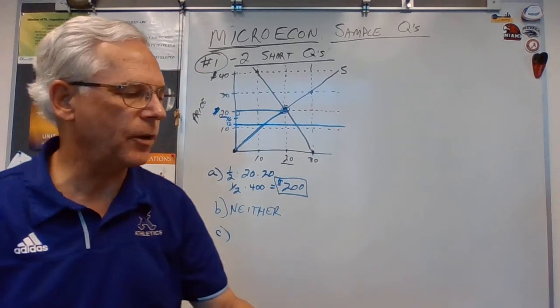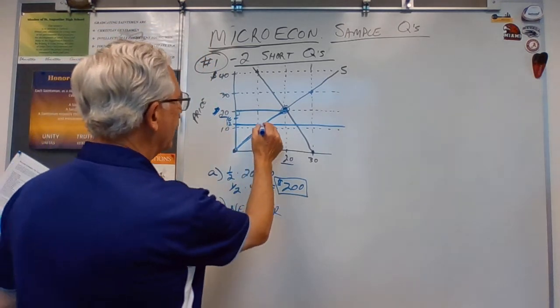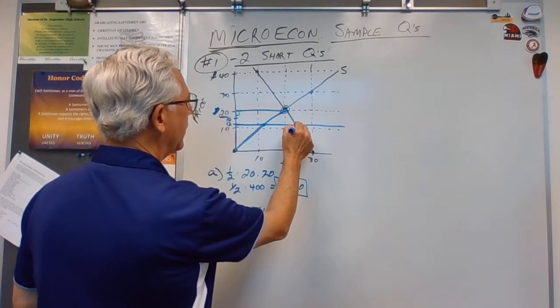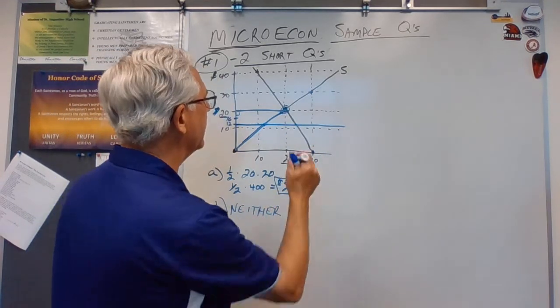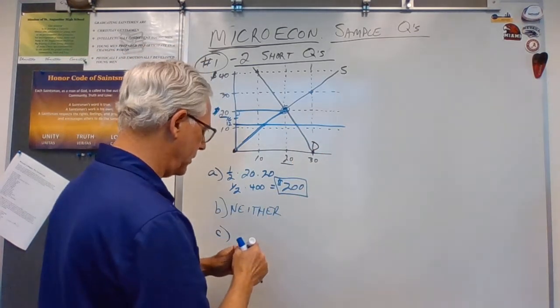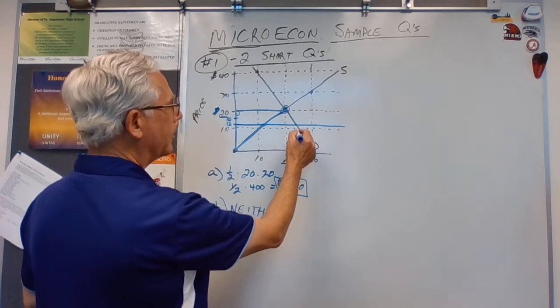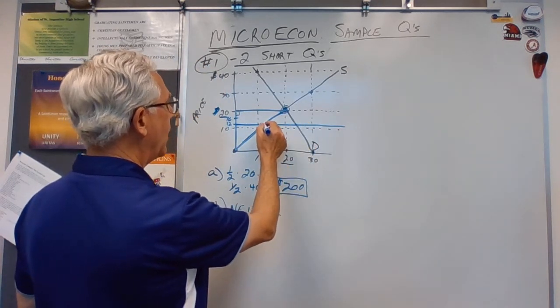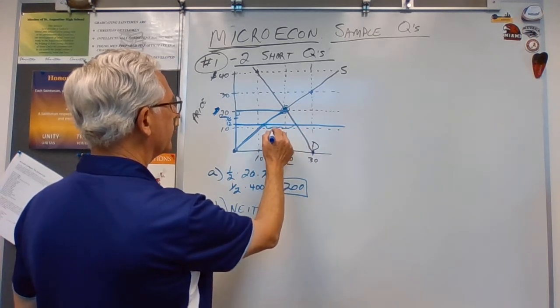At $12 there. And when you run across that, you find out that there will be a, what? What did you say? Well, here's the demand. I didn't write the D in. That's the demand curve there, okay? The quantity demanded is way out here. Quantity supplied is back here. There will be a shortage.